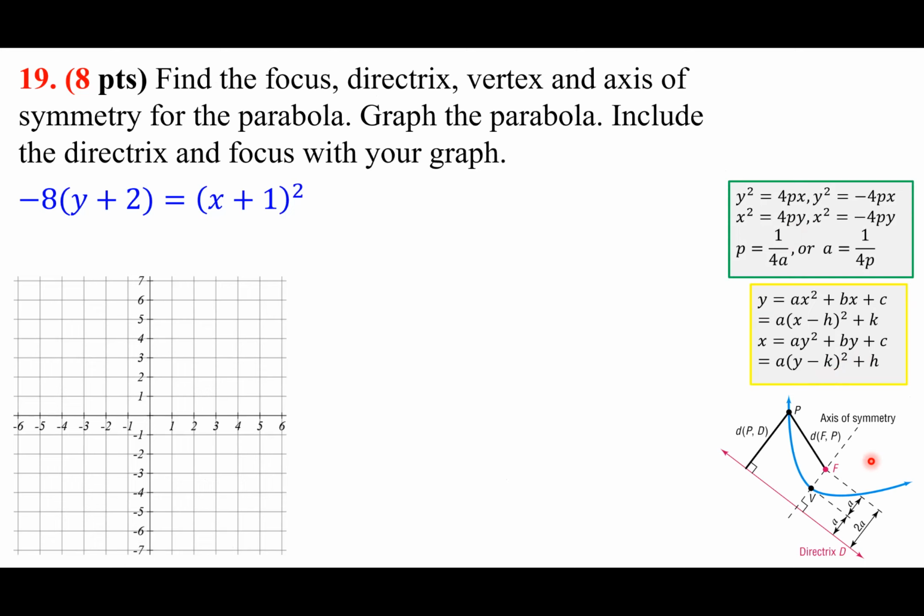Remember, by definition, if you pick a point on the graph of a parabola and connect that to the focus and the directrix, they have the same distance. That is the definition. And this distance is called focal distance, or this distance.